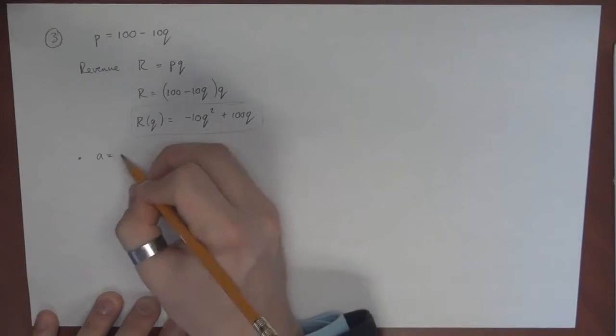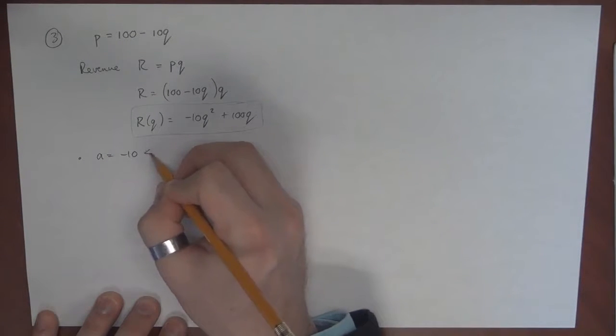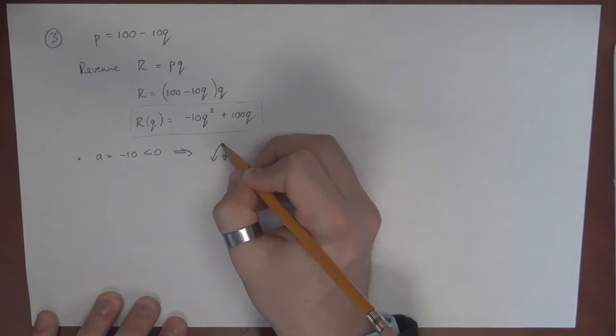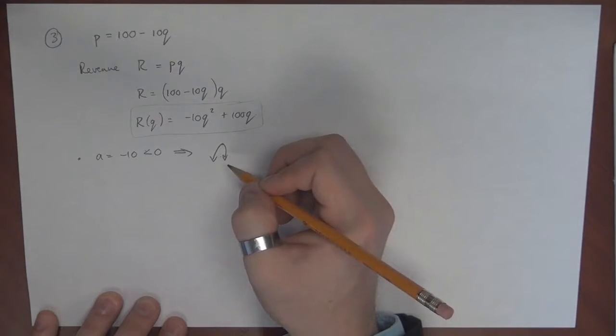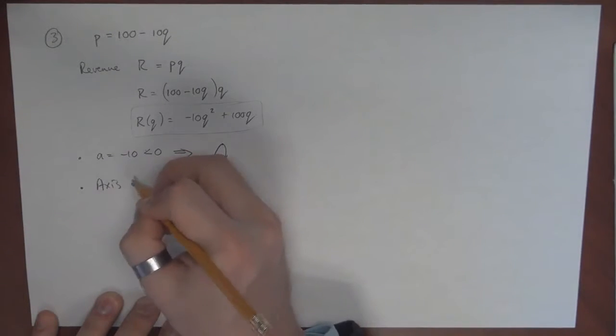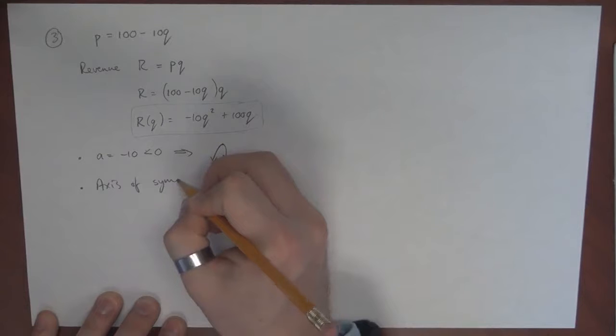What is the value of A? Negative 10, which is negative, which implies that I have a parabola pointing down, and I'll have a maximum value. Where does that maximum occur? At the axis of symmetry.